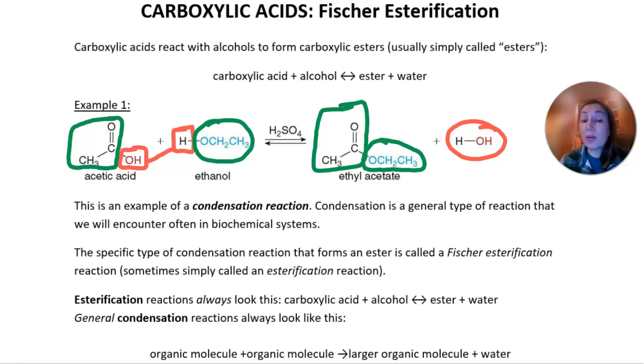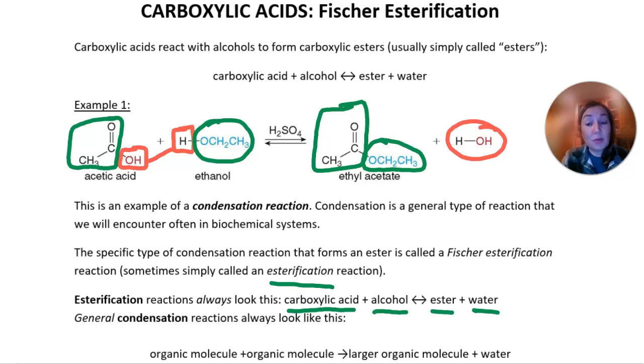So this is an example of a condensation reaction. Condensation is a general type of reaction that we will encounter often in biochemical systems. This specific type of condensation reaction that forms an ester is called Fischer esterification reaction, sometimes simply called esterification. It's not always called Fischer esterification. Esterification reactions always look like this. They always have a carboxylic acid plus an alcohol react to form an ester and water.